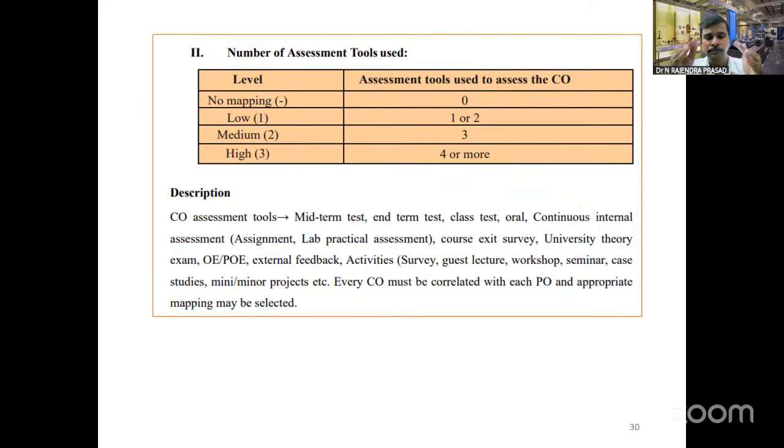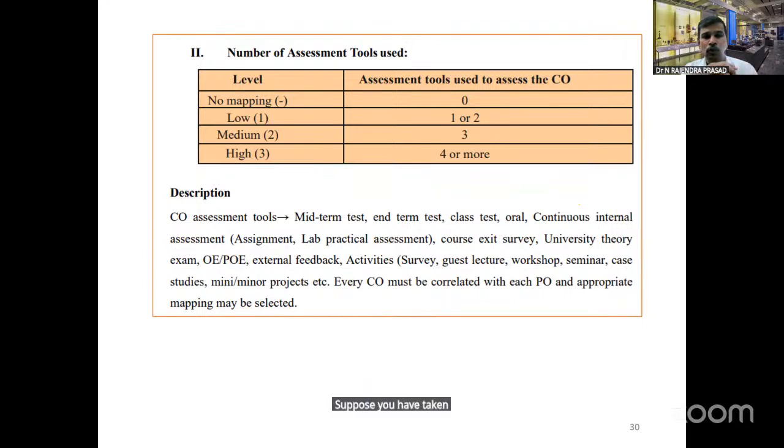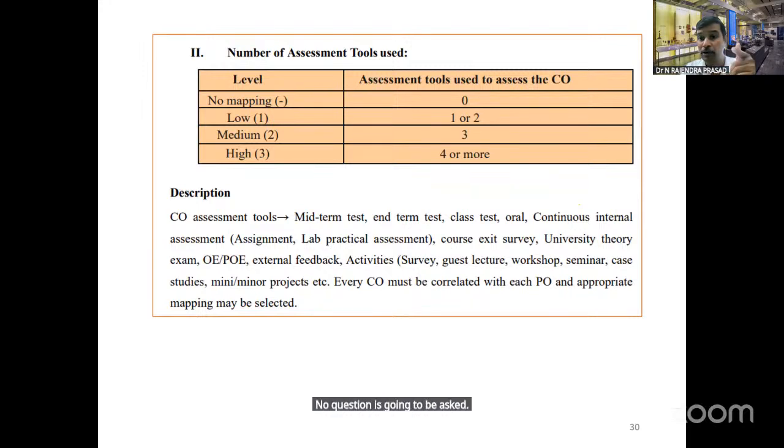So if the number of assessment tools used is 0, no mapping, that is, you are not assessing the student at all, you are just delivering the content. Suppose you have taken a special class to cover some introductory part of a particular course, no question is going to be asked, but you have designed a CO. You have designed a CO, right?